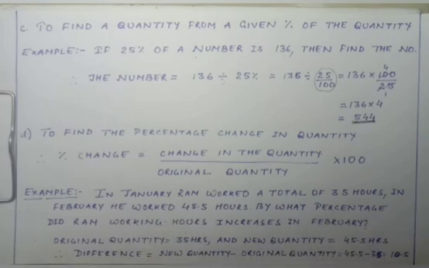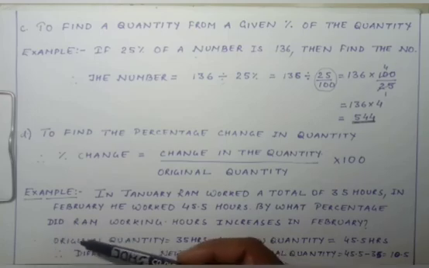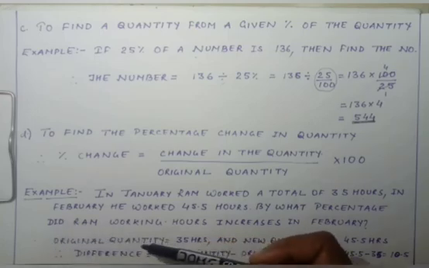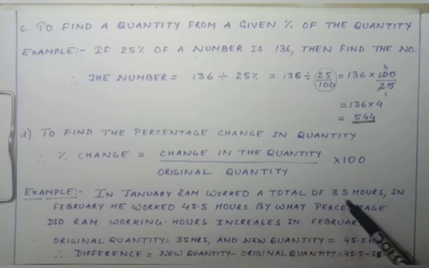Over here, first of all, you have to see the given quantity. The given quantity is represented as the original quantity. What is the original quantity over here? It is 35 hours. And the new quantity is 45.5 hours. First of all, we are going to find out the difference between the new quantity and original quantity.